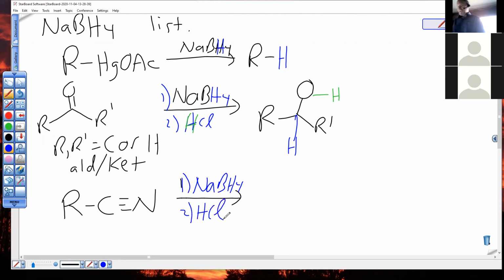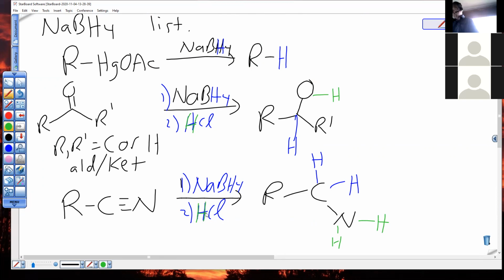And everything turns blue. Both the new H's here and here, blue. Both the new H's here and here, green. They come from the green HCl. And that's all we saw sodium borohydride used for in this class and the previous class.